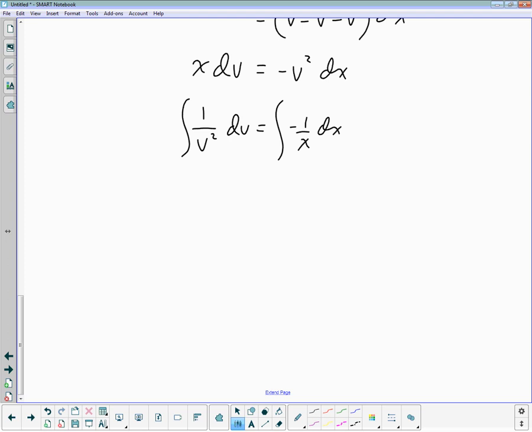So we wind up with v to the negative 1, negative, is equal to, now we have a negative natural log of the absolute value of x plus c.